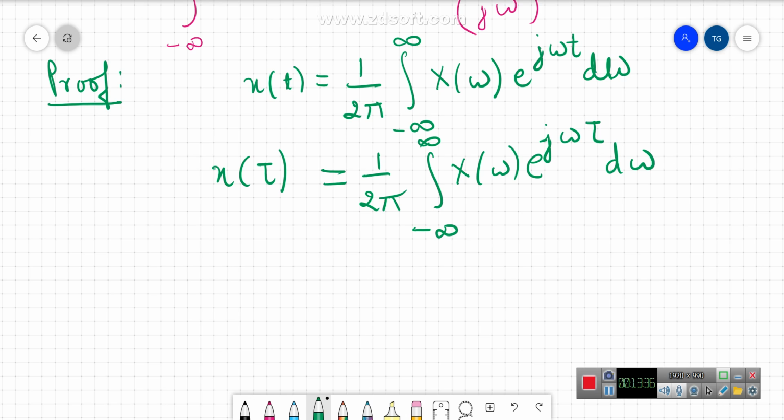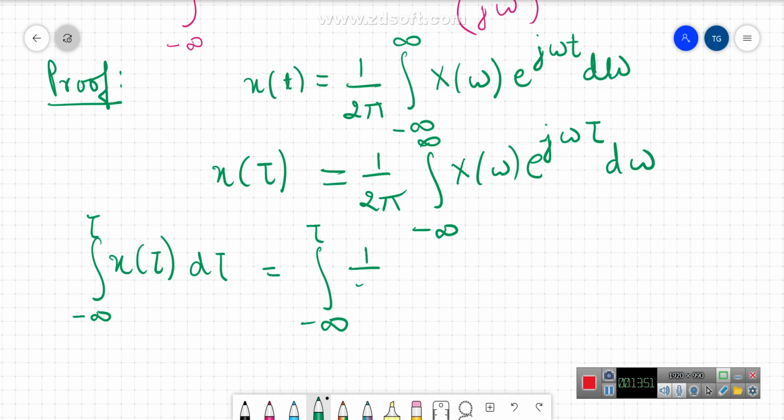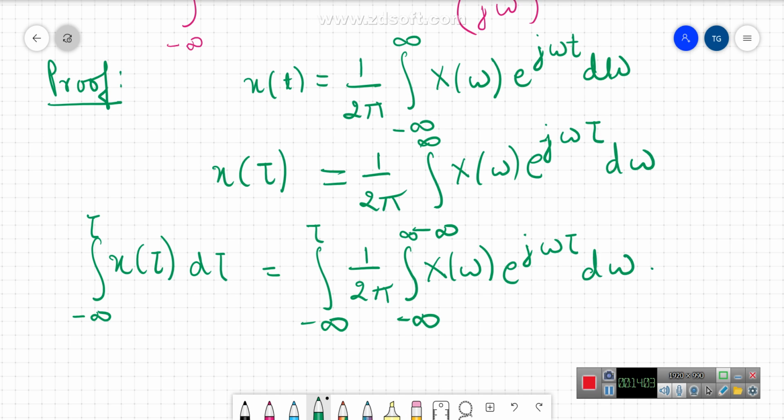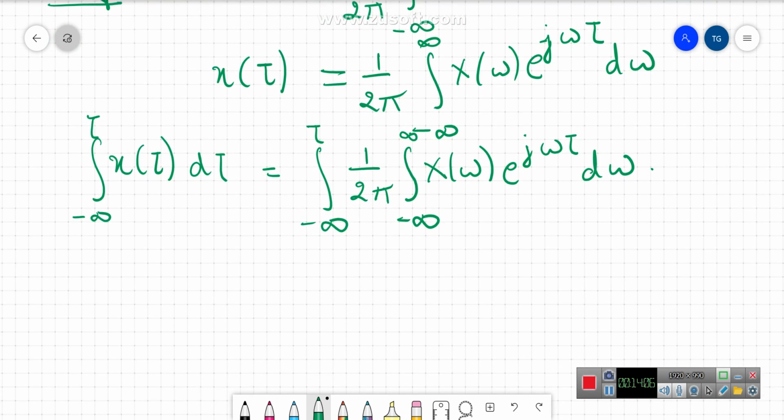Now, interchanging the order, we first integrate both sides over minus infinity to t. So on this side it becomes the integration from minus infinity to t, and here it is minus infinity to t of 1 by 2 pi, minus infinity to infinity X of omega e to the power j omega tau d tau d omega. Now, interchanging the order of integration, 1 by 2 pi is a constant so it comes outside.